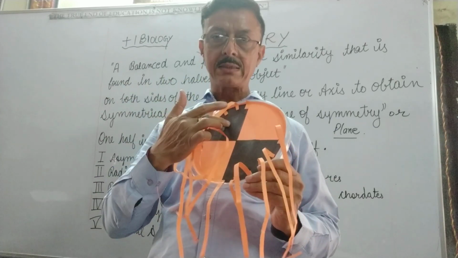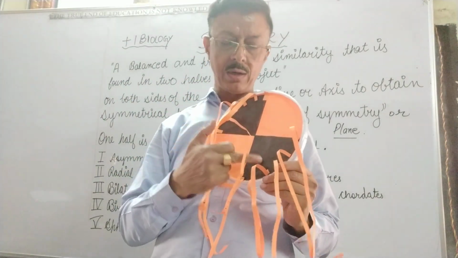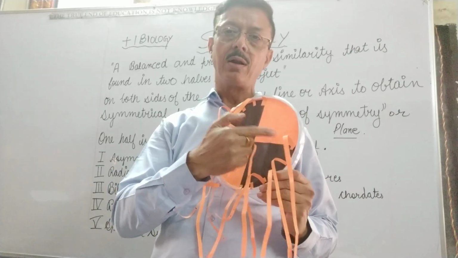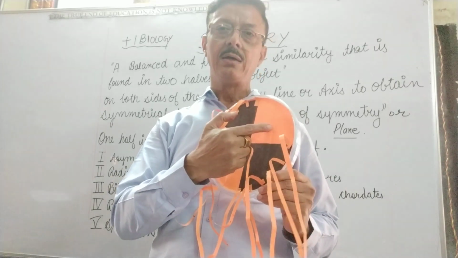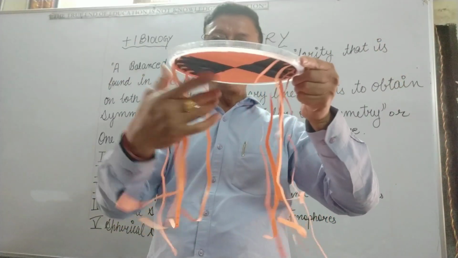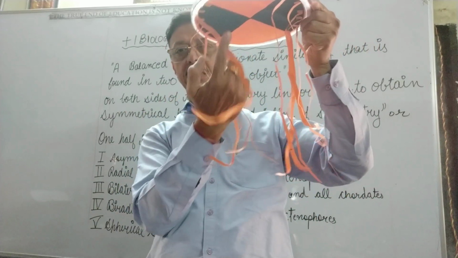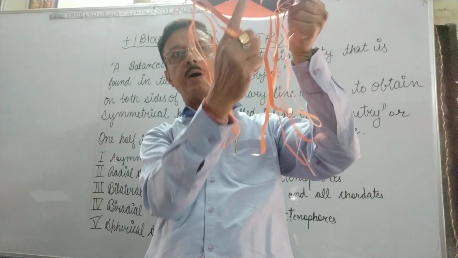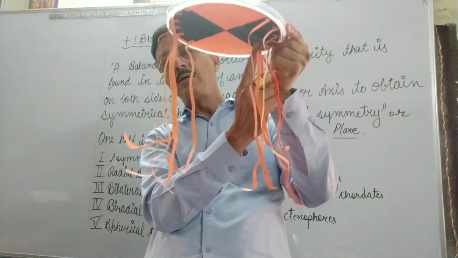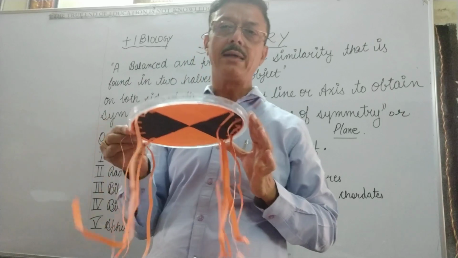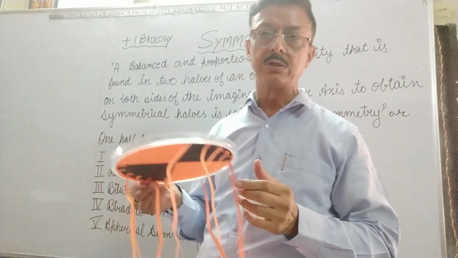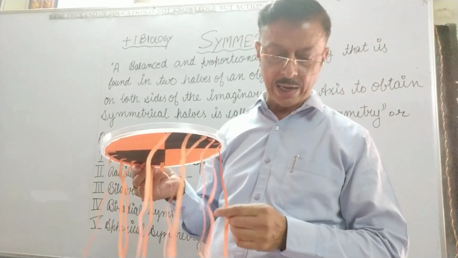Suppose these blackened parts, the opposite parts, are equal, matching each other, but the adjacent parts are not equal. Some organs are there in the body like this. I have shown a sea anemone here, with tentacles present on these blackened parts only, not on the orange parts. So adjacent parts are not equal, but opposite parts are equal. So this is known as biradial symmetry. This type of symmetry is present in ctenophores and some anthozoans, cnidarians.